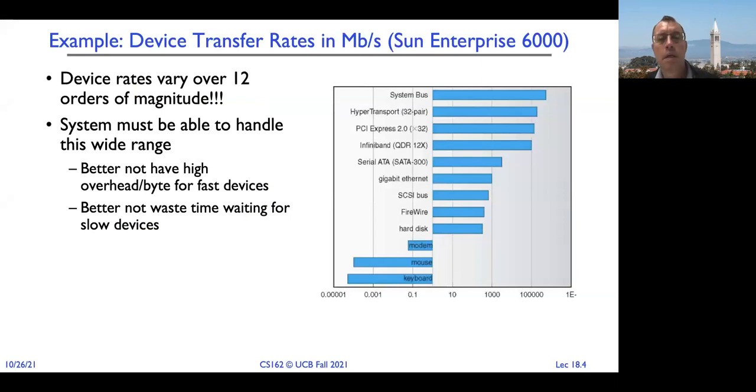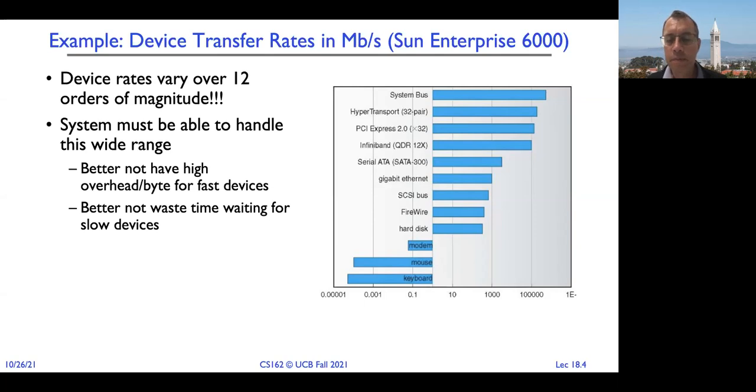Now, this is one example, and this is an old example, many years back. This is from Sun Enterprise. Sun was a big company of workstations, and it was acquired many years back by Oracle. But in its heyday, this was a great company.